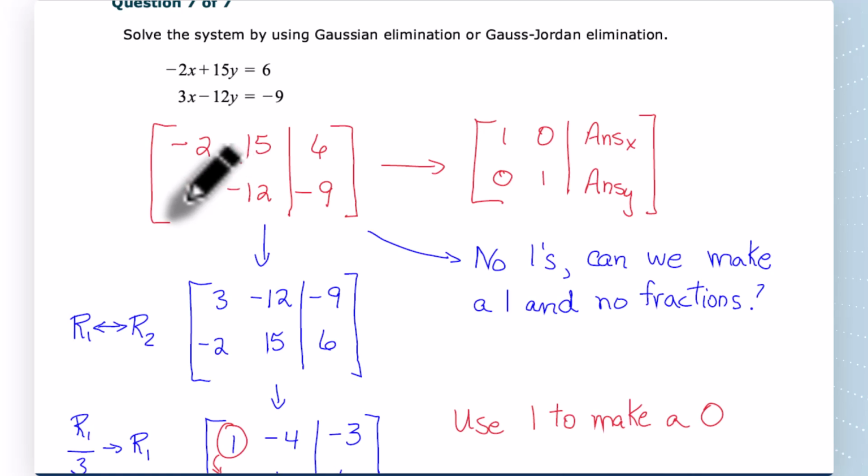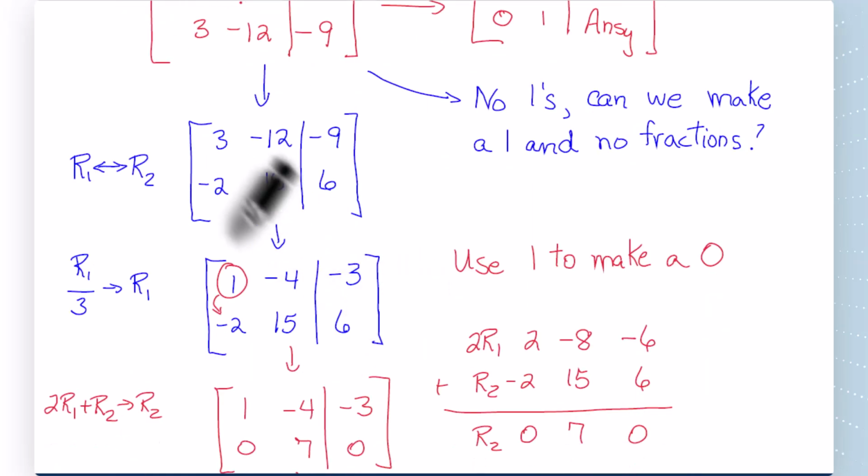Luckily here, I'm looking at this one and I see if I divide by 3, I'm not going to get any fractions. It's going to divide nicely. All right, so I'm going to go ahead and just swap out rows 1 and 2. So I did that. I'm going to take row 1 and divide by 3. And I do that. And now I have a 1.